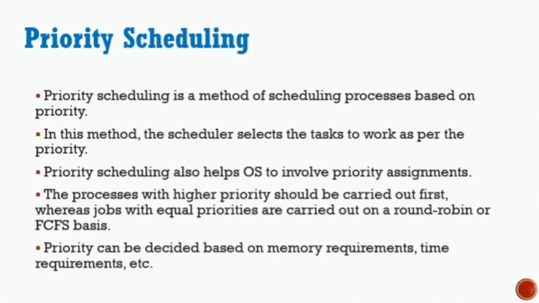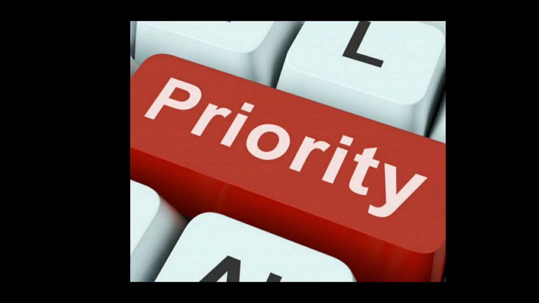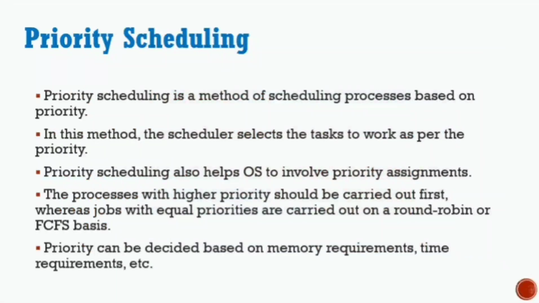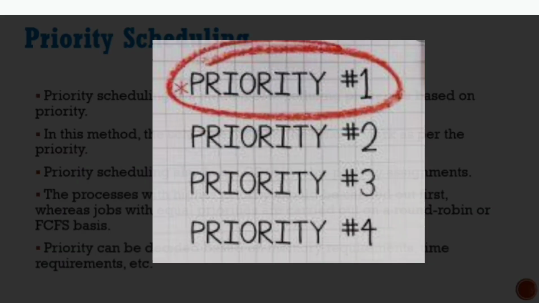Our third algorithm is priority scheduling. Priority scheduling is a method of scheduling processes which is completely based on priority. So the scheduler will select a particular task or process for execution as per the priority. If a particular task has higher priority than another, the higher priority task will be executed first.